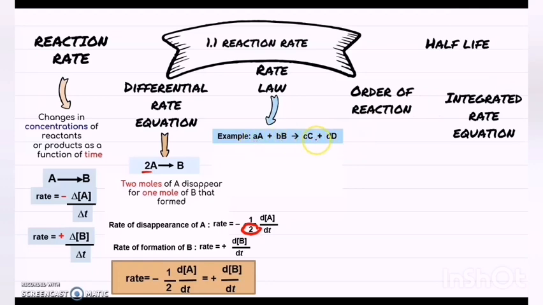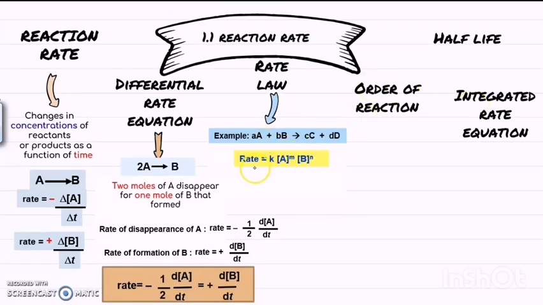The small letters here are the coefficients for each component in the equation. So the rate law is written as rate equal to k, the rate constant, times concentration of A to the power of m times concentration of B to the power of n. Remember, in the rate law, we include only the reactants.